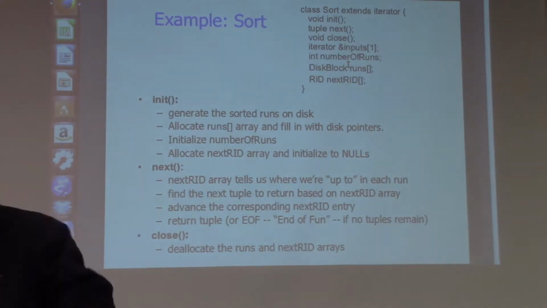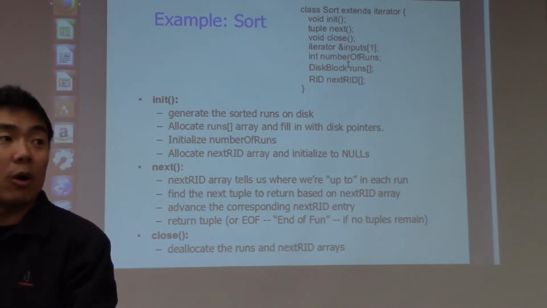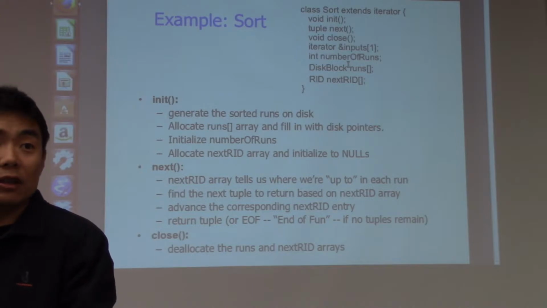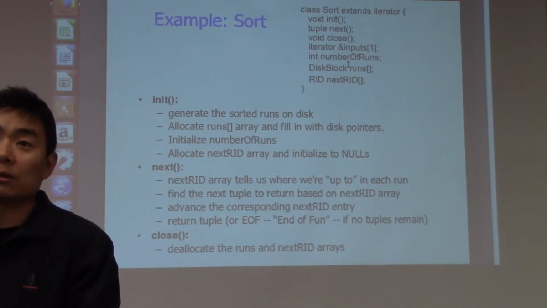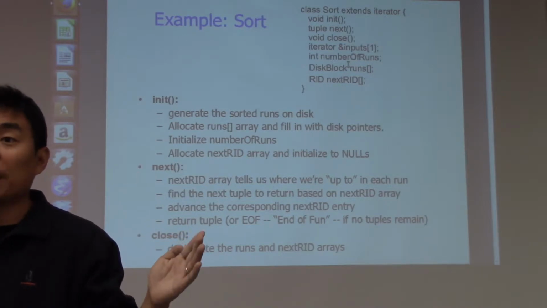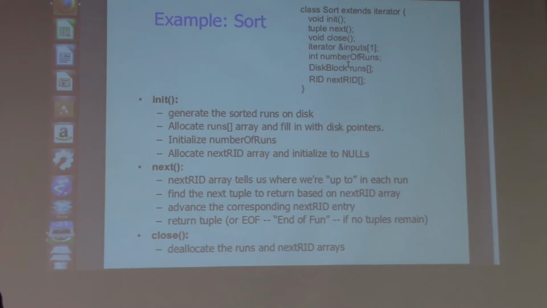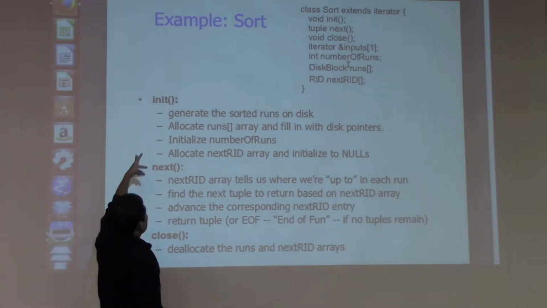Here you can use either the baseline algorithm, which is load B pages and sort them down to the disk, or you can use the improved tournament sort, which on average produces a run of 2B pages. But for simplicity, for your implementation in Project 4, you can just use the baseline algorithm, sort B pages down to disk. You follow me? So that's what you do with initialization.